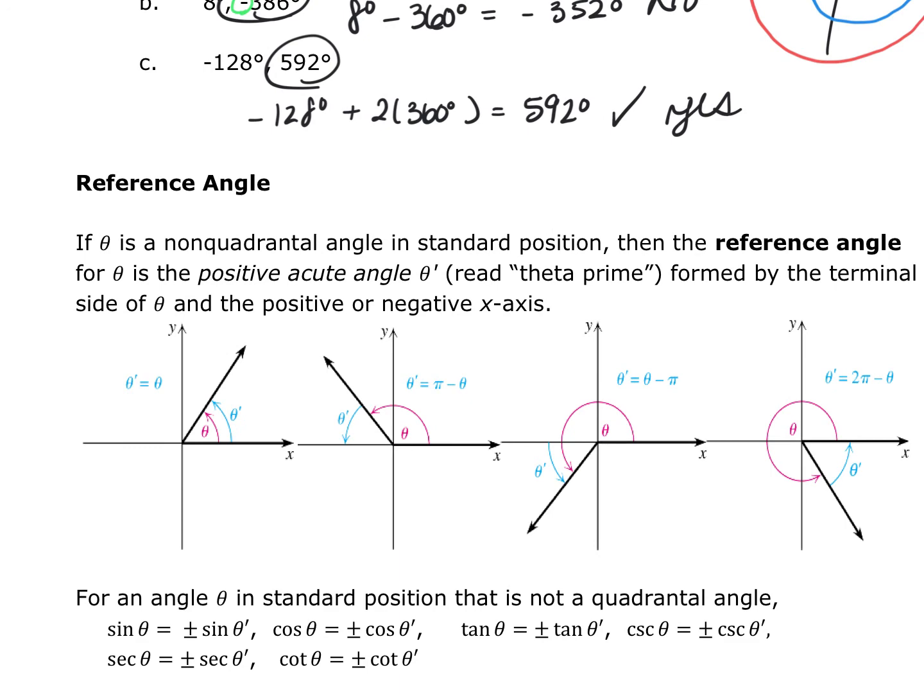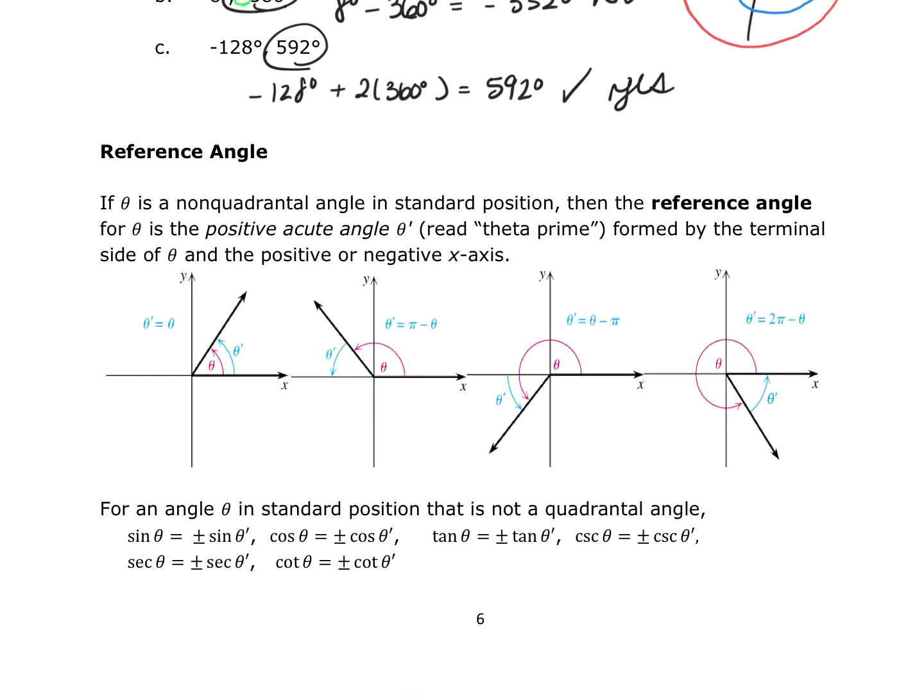Another thing that we pick up here is a reference angle. A reference angle is the shortest rotational distance from the terminal side back to the x-axis.